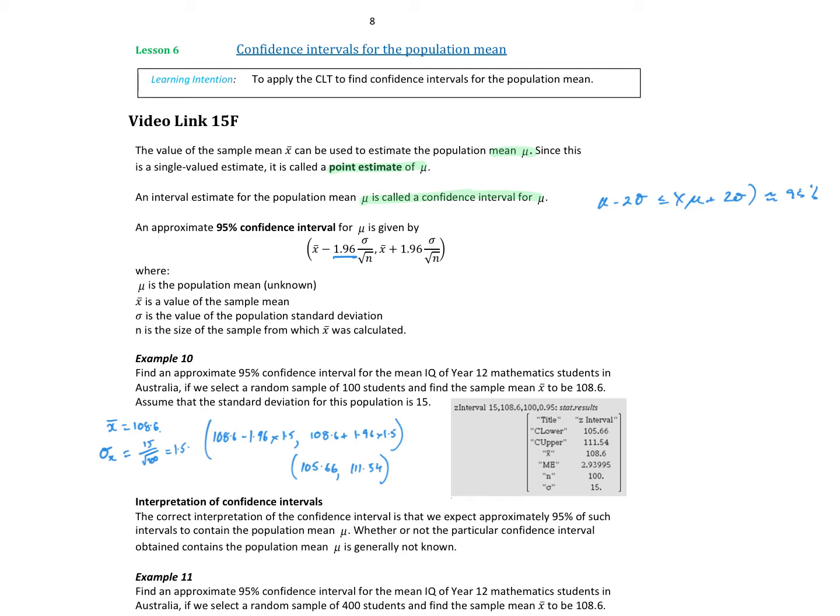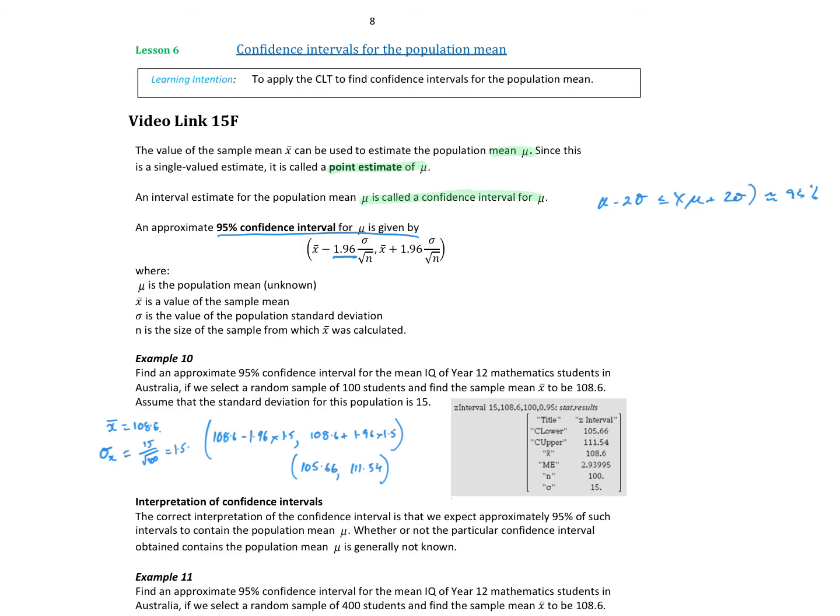So a 95% confidence interval for the mean X bar of the distribution of the sample is given by X bar minus 1.96 times the standard deviation, which is sigma on root n, to X bar plus 1.96 times sigma on root n.